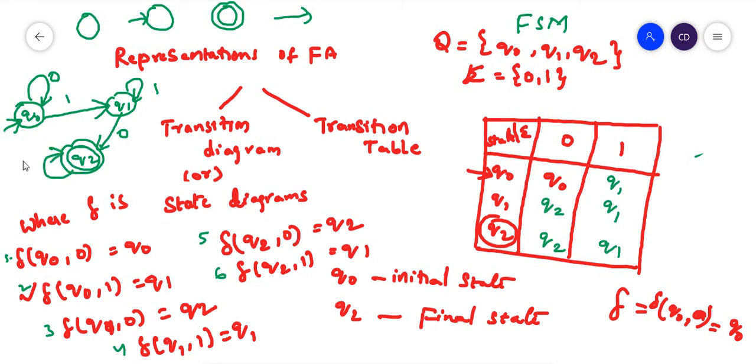Now this can be represented like this. And from Q2 taking input 1, I move from Q2 to Q1. So in this way, when a finite state machine is given, you can represent it by using a transition diagram and a transition table. I hope you all can understand.